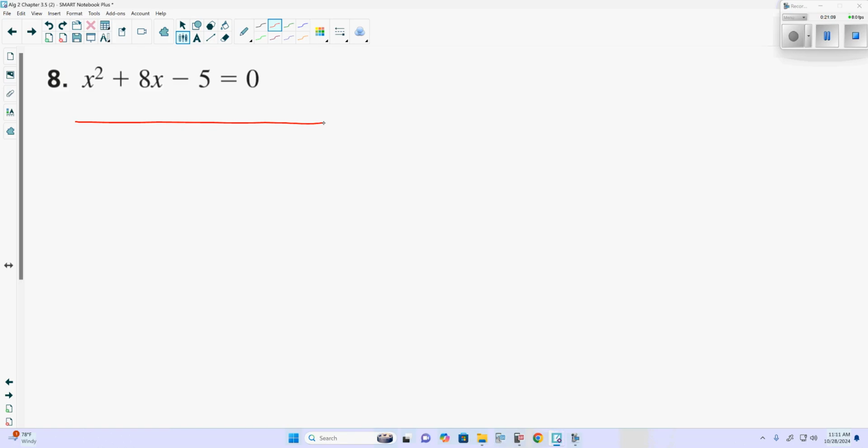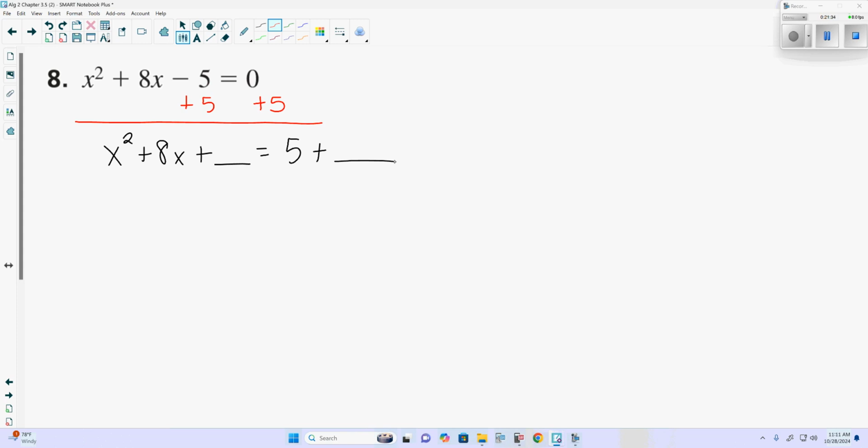We want the constant terms on one side, our numbers without a variable on one side, and the numbers with a variable on the other. So we would add 5 to both sides. Which will give us x squared plus 8x plus our space equals 5 plus our space.